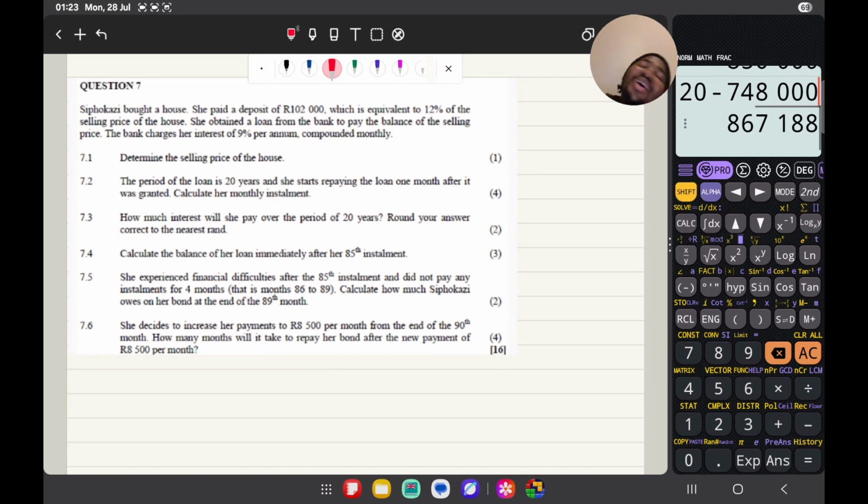Just find out how much they will be equal to. And then you calculate how much money the loan is going to be.